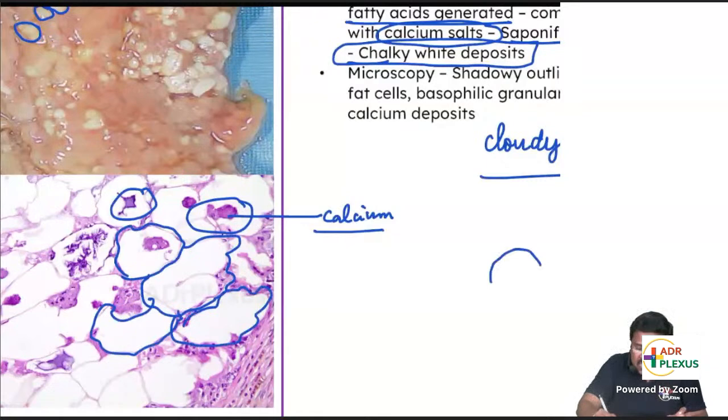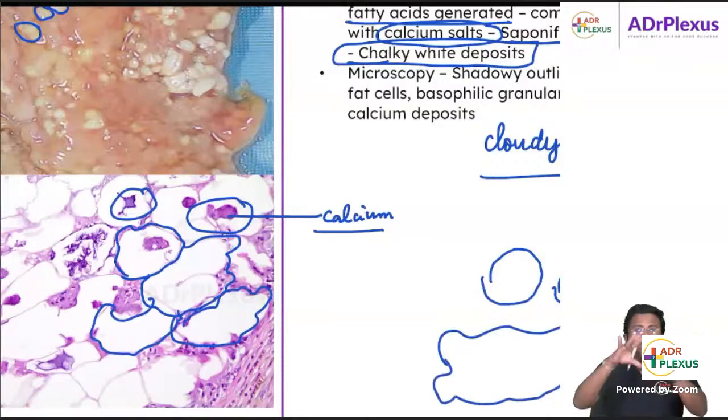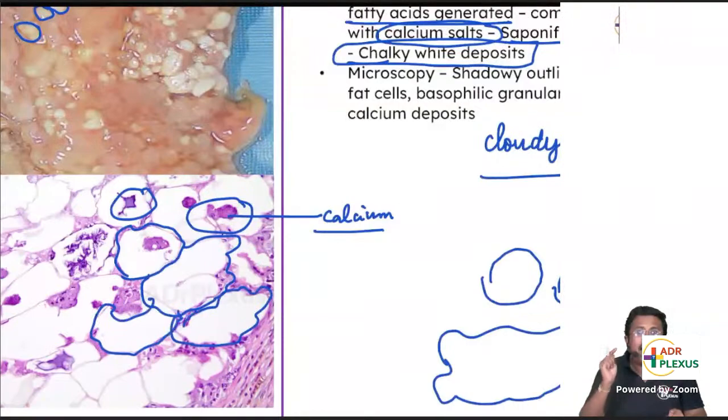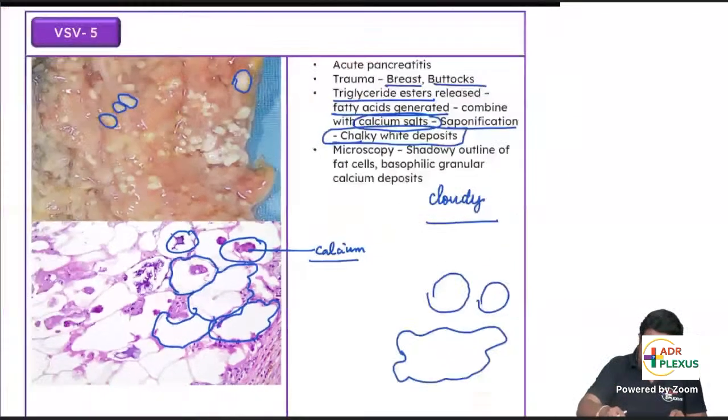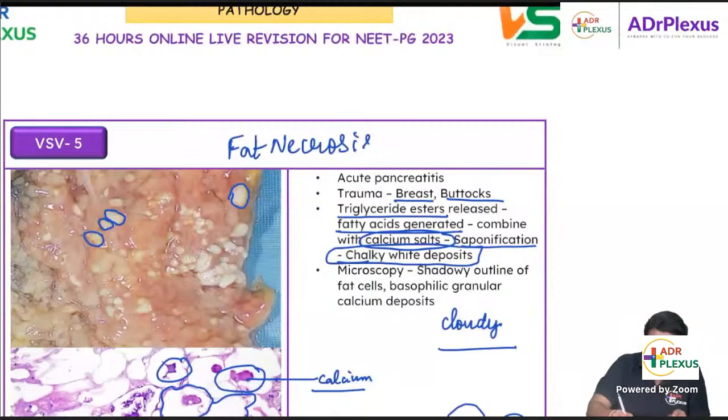Normally, how will the fat cells look? They will have a well circumscribed border. But see here, it is somewhat shadowy, a cloudy appearance. So think of fat necrosis. Please remember that, fat necrosis. So this is a case of fat necrosis. Chalky white deposits, you should not miss it.